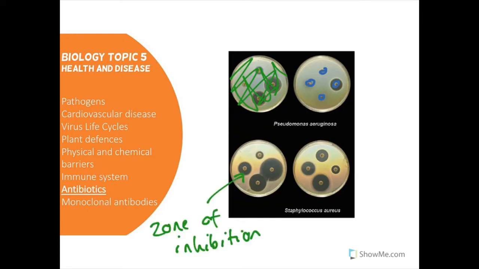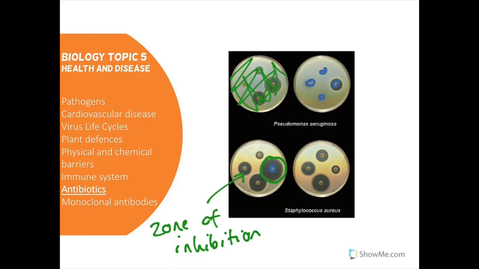The bigger the zone of inhibition, the more effective that antibiotic is on that particular bacteria. So here, if you had this bacterial infection, this is the biggest zone of inhibition. So the doctor would know this antibiotic is going to work on that particular disease. So that's how antibiotics work.